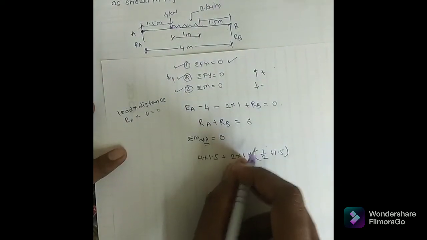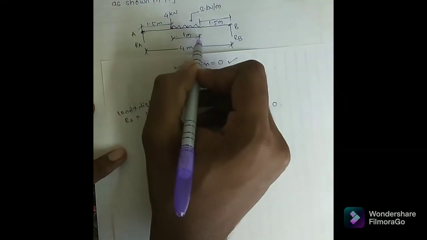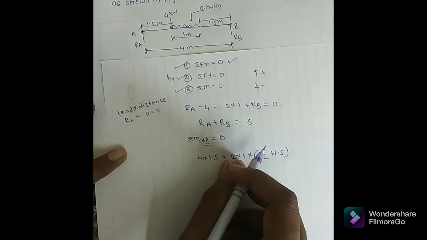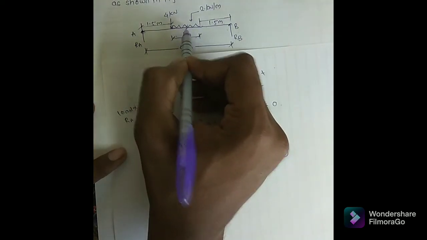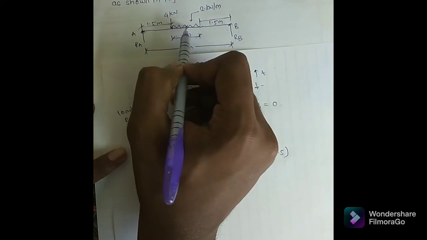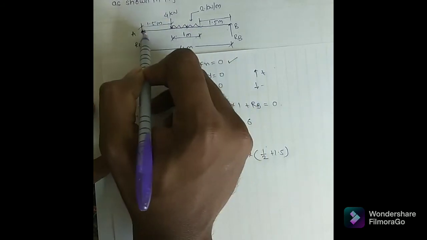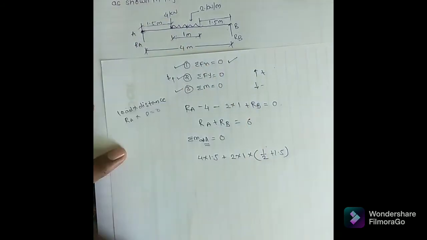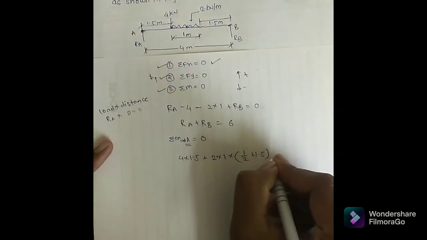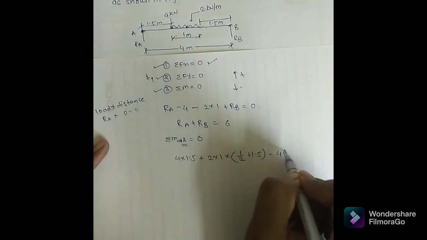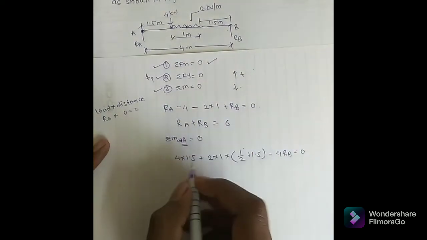Load into total distance. Because it is given per meter, we have to multiply it with distance, so we will get the load in kilonewton. Once we take the half, we are at this point, and we have to add this distance so that we get the moment from A. Then next is RB, which is minus, distance is 4 into RB, equal to 0.